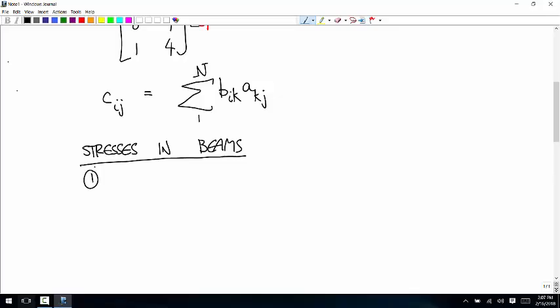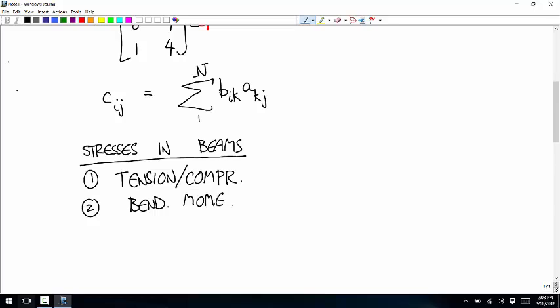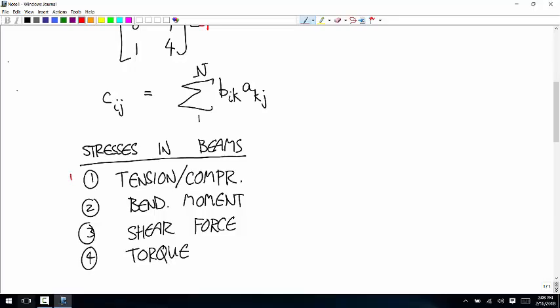And that's broken up into stresses due to tension compression, stresses due to bending moment, stresses due to shear force, and stresses due to torque. We're done with this one, and we're talking about bending moment.